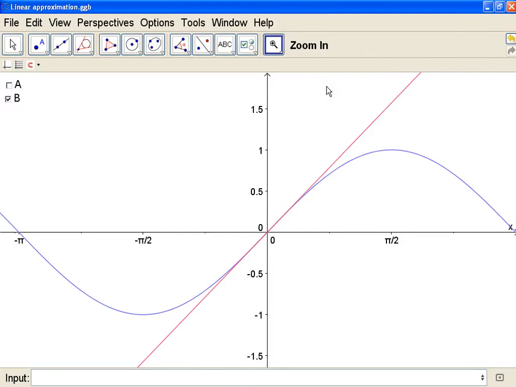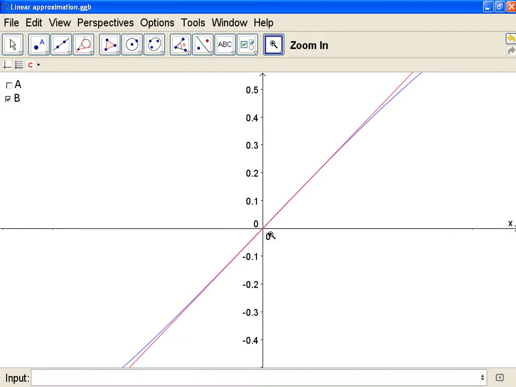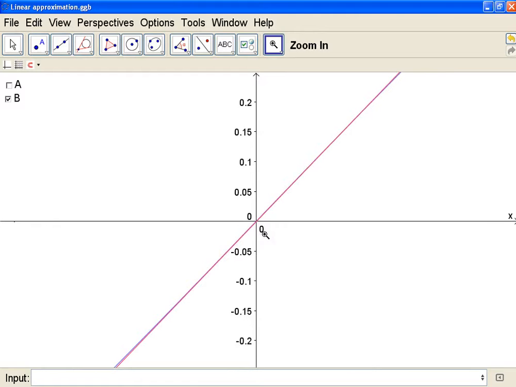Let's see if I can zoom in there. So what we're going to pay attention to is where they intersect, right? Where the tangent line is actually the tangent line at that actual point, that point of 0. So what do you notice as I zoom in? What gets real close?